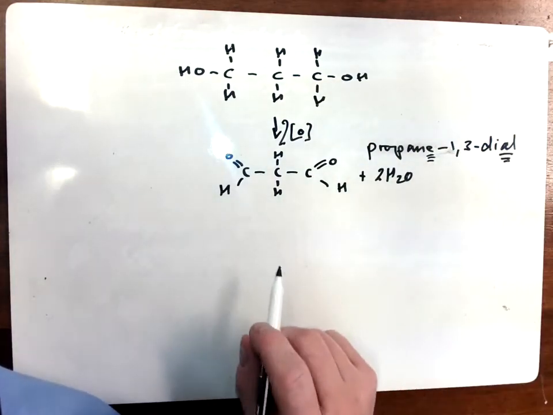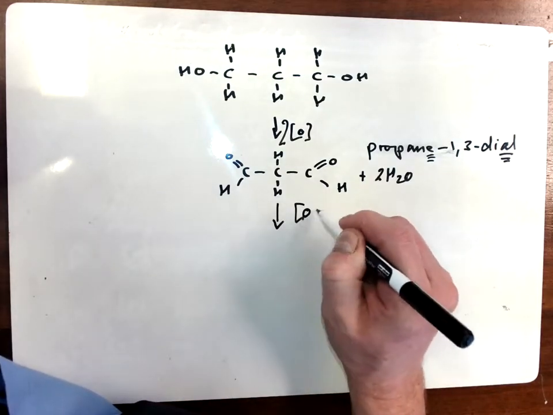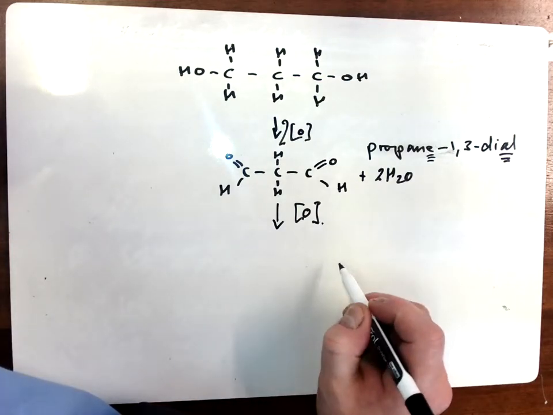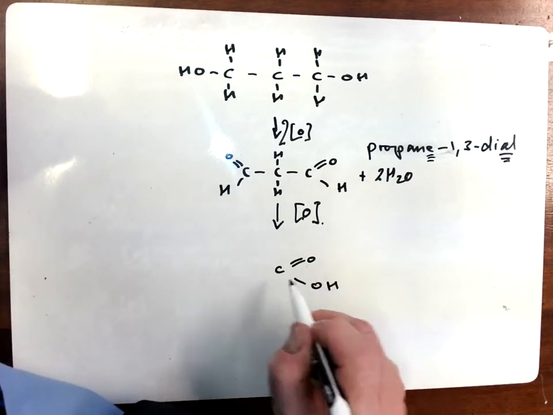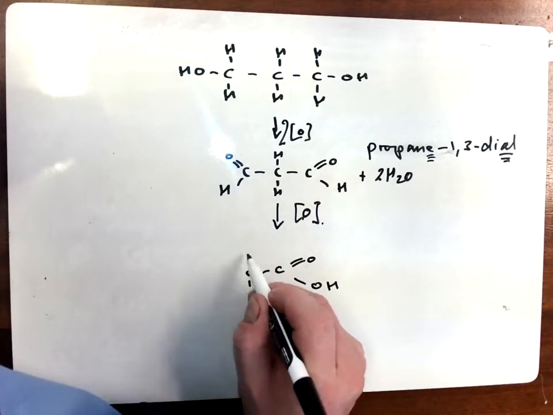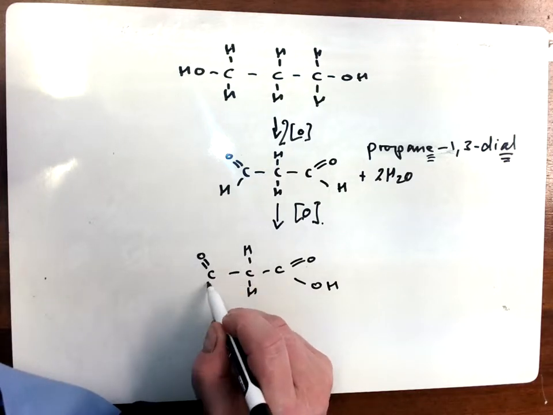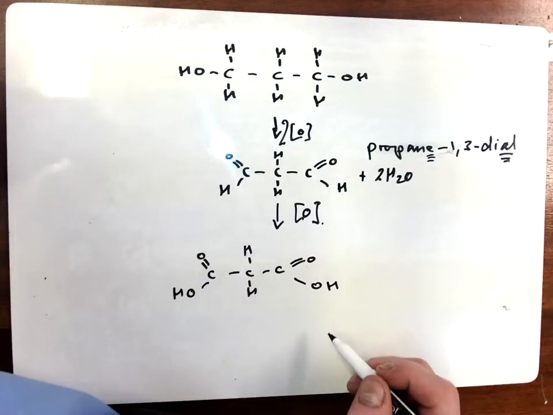Okay, if we then further oxidize that to the carboxylic acid. Okay, so a carboxylic acid functional group is as so. So we just take the functional group of the aldehyde and we turn it into a carboxylic acid. Okay, so this is now my carboxylic acid.